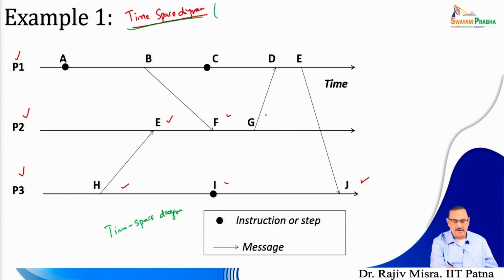In this time space diagram, we are considering three processes, that is P1, P2 and P3, and let us see that P1 has the events A, B, C, D, E. Out of them A and C are internal events, whereas the others are, for example, a send of a message event.